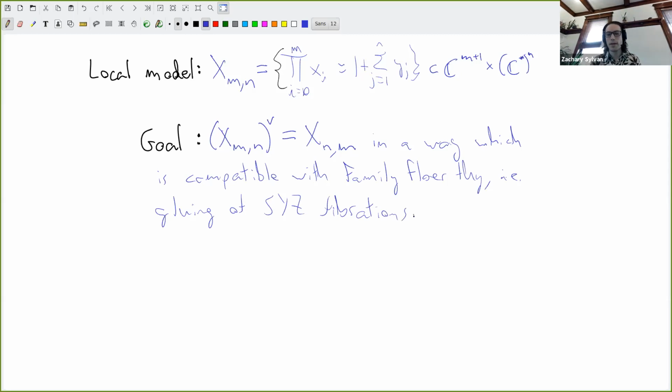Now, concretely, this means that on the A side, we're going to want closed Lagrangians.